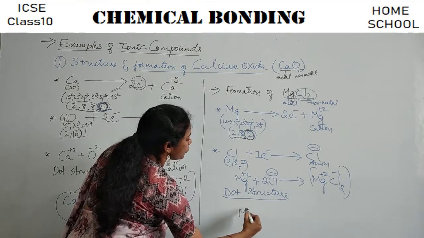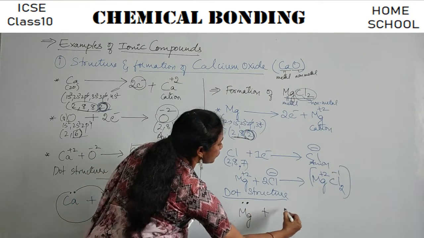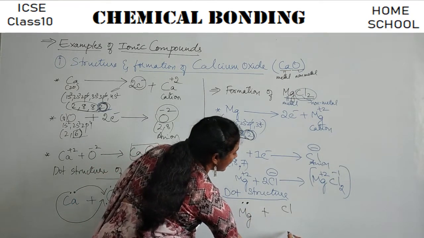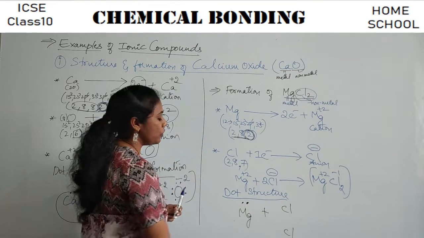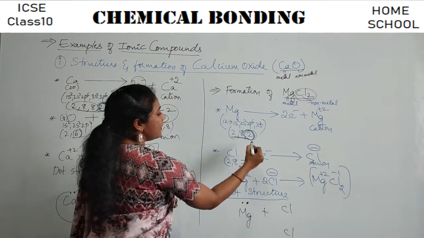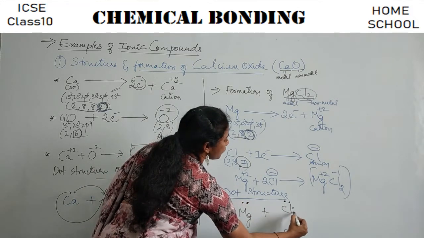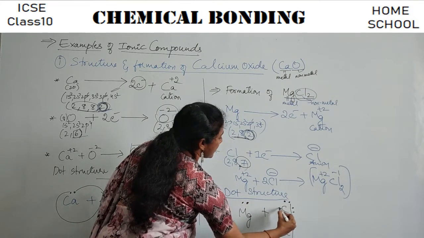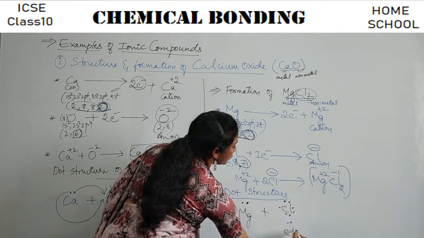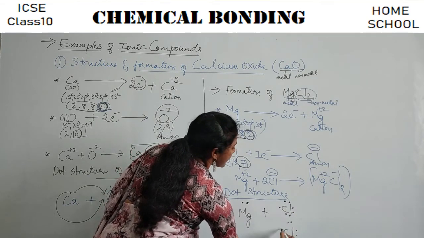Mg, 2 dots plus 2 Cl's. 1 Cl here, another Cl here you can show. Each Cl has how many valence electrons? 7. Show 7 dots. 1, 2, 3, 4, 5, 6, 7. Here also, 1, 2, 3, 4, 5, 6, 7.